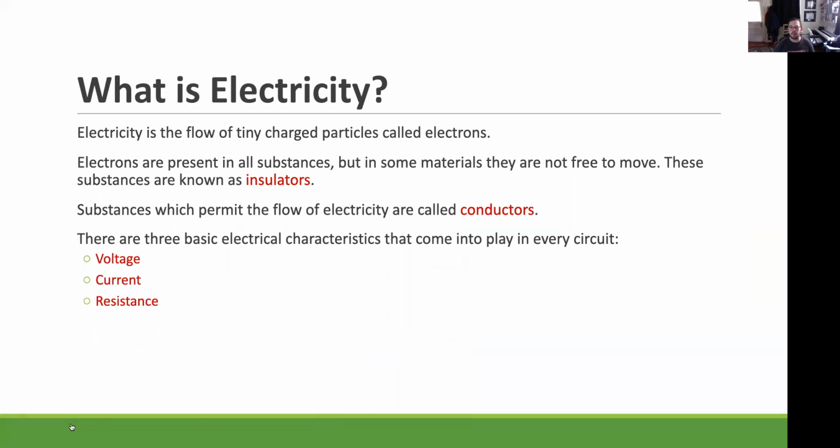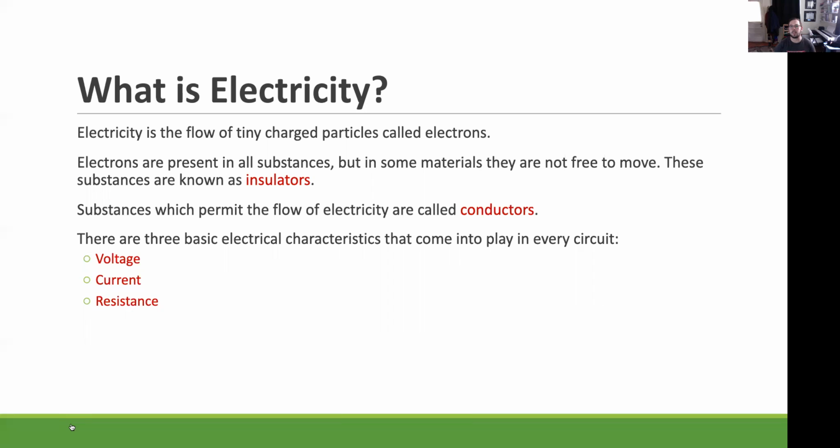Inside of every atom in existence, for the most part, are tiny little particles called electrons. If you've taken a chemistry class, or maybe a biology or physics class, you'll talk about all of these things inside of atoms. They're mainly composed of protons, neutrons, and electrons.